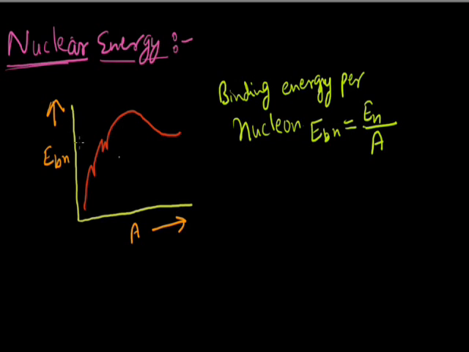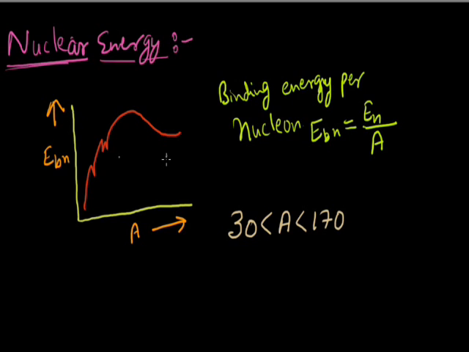In this graph, the binding energy per nucleon EBN is maximum for atomic mass greater than 30 and less than 170.